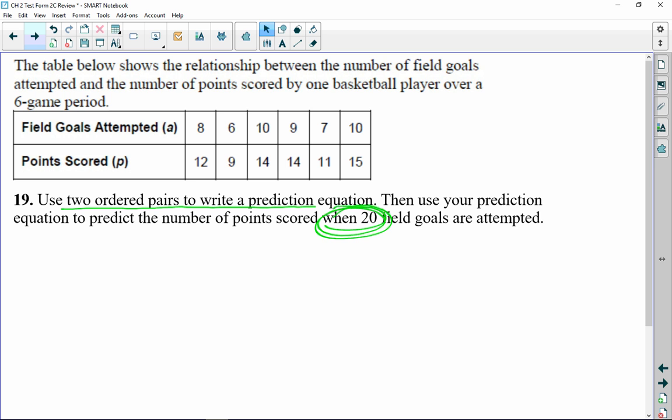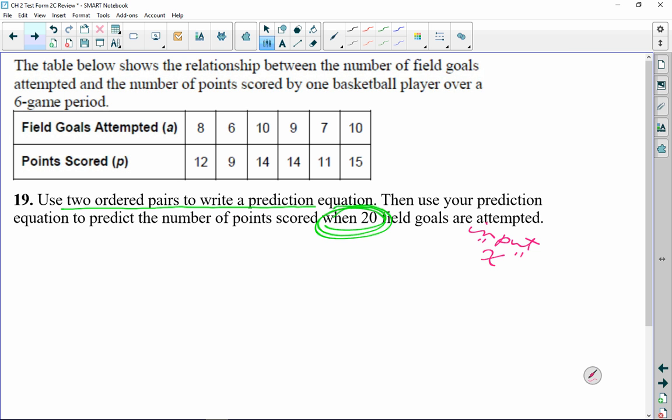Is it on the x-axis or the y-axis? It's on the x-axis, which makes it the input value for x. So if I find an equation where I can plug an x value in, then it'll give me what I need to find, right?